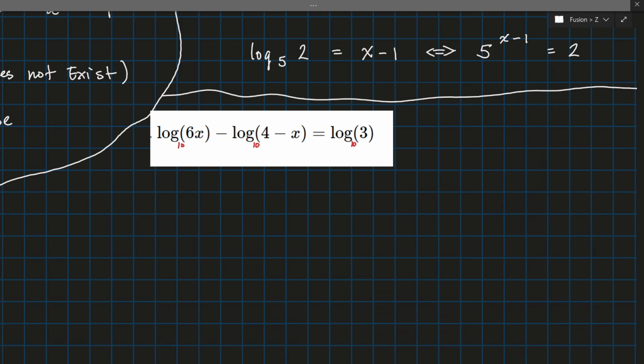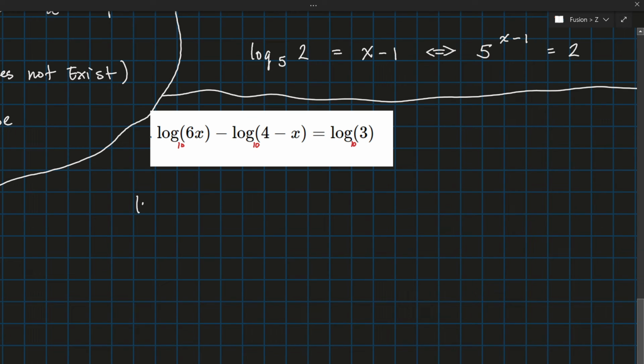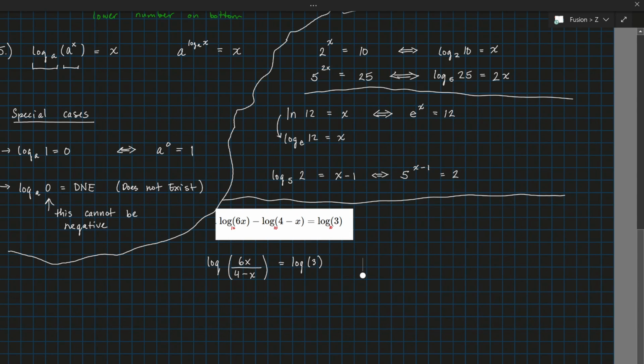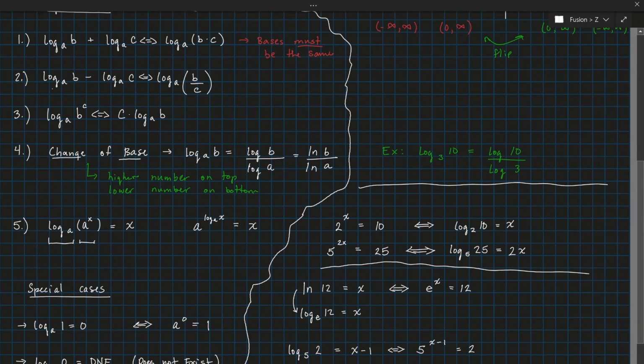So here that would be log base 10, where b is 6x and c is 4 minus x, and that's still equal to log of 3, because of rule 2 that we wrote down. If they're the same base and they're subtracted, then it's b over c.